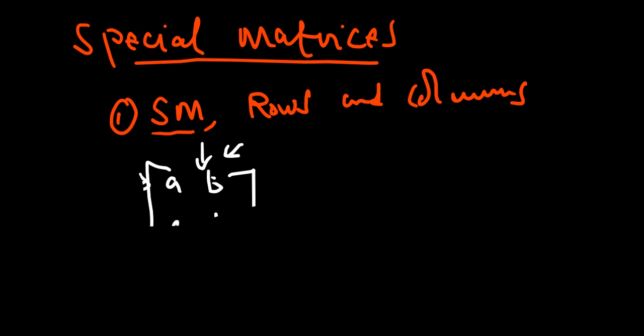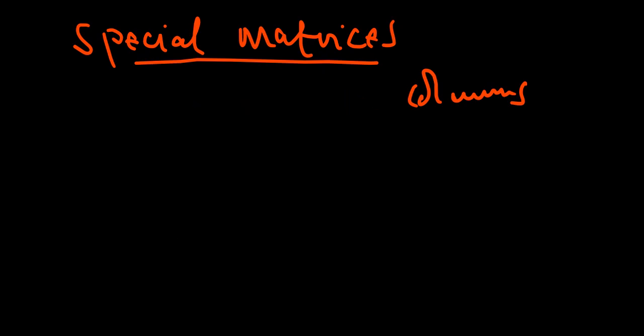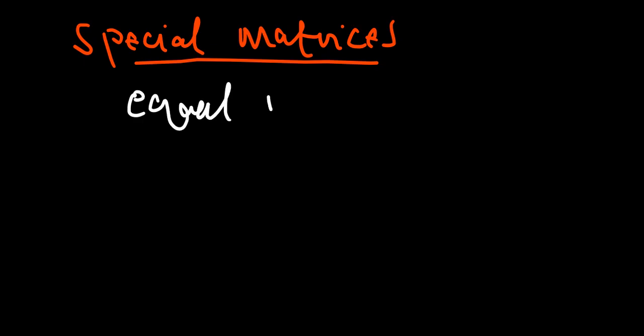And then we can also look at this special matrix known as the equal matrix. Equal matrices have to be identical. Everything about them has to be identical. So if they say this matrix is equal to this matrix, then it means everything about those two matrices is the same.